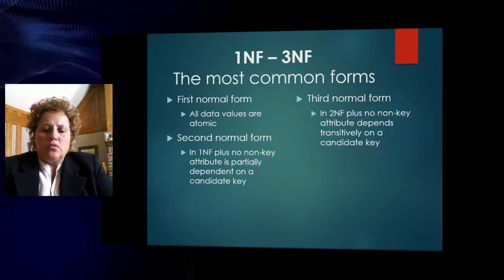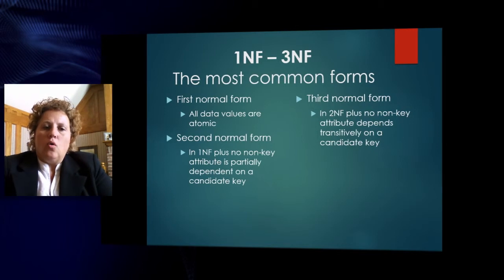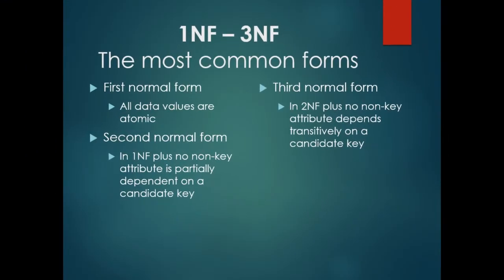Atomic, again, means that the data is separated into the smallest available category or cannot be divided anymore. And so first normal form means that data is individual and is in its smallest category. And incidentally, first normal form deals mostly, or actually exclusively, with rows of information.